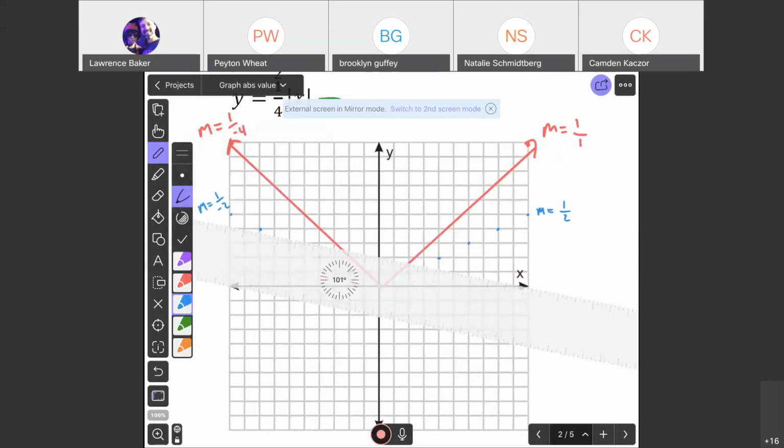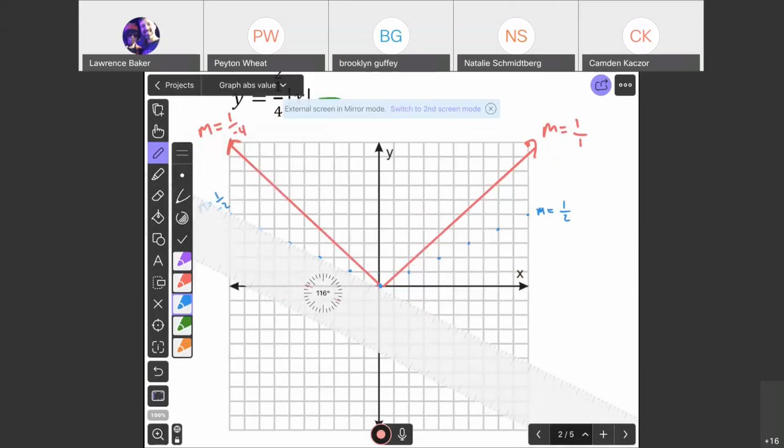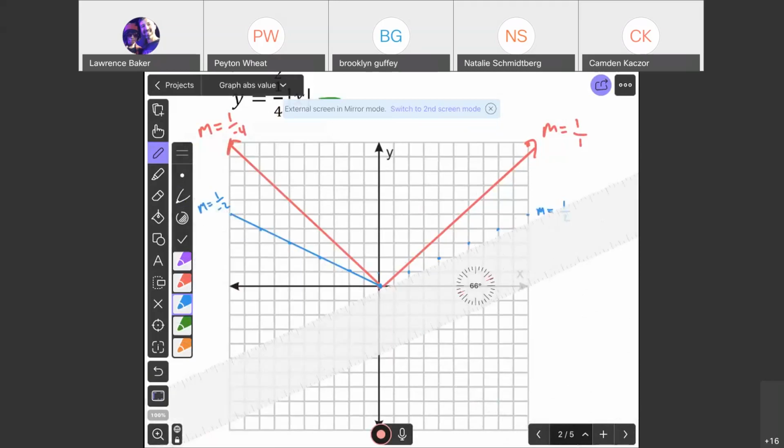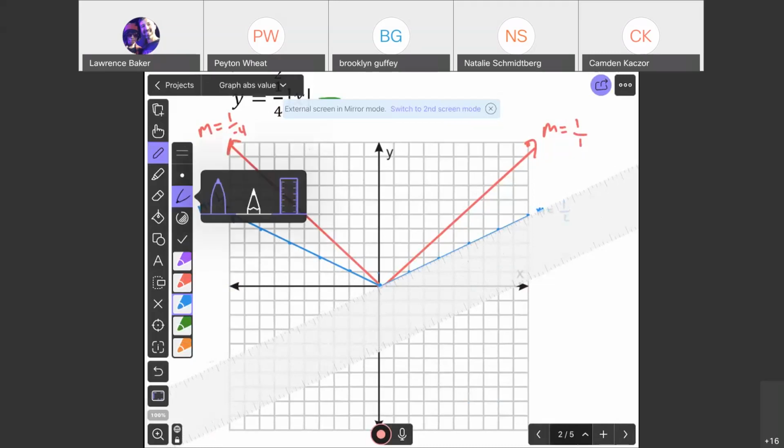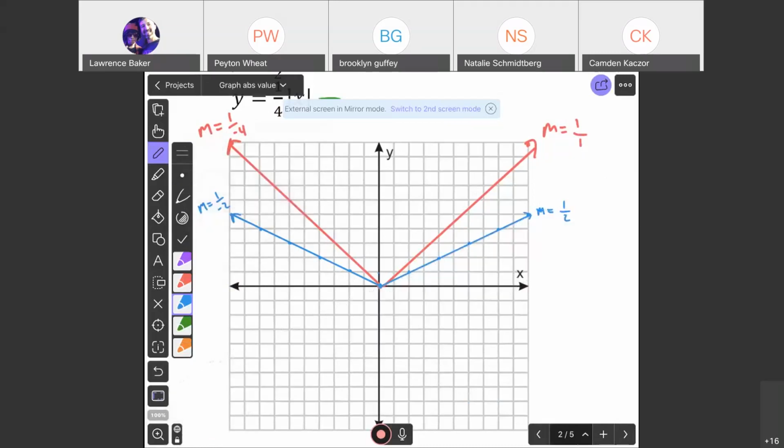So I'm looking at that number out in front, it's 1/2 absolute value of x. And so the right side has a slope of 1/2. The left side has a slope of -1/2. And the other one was 1/4 absolute value of x.